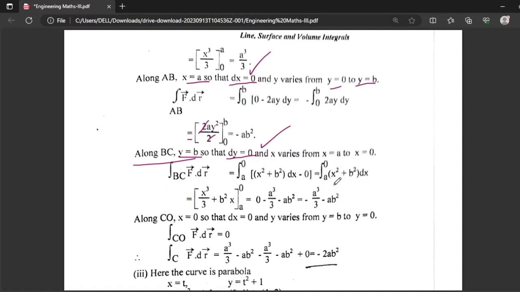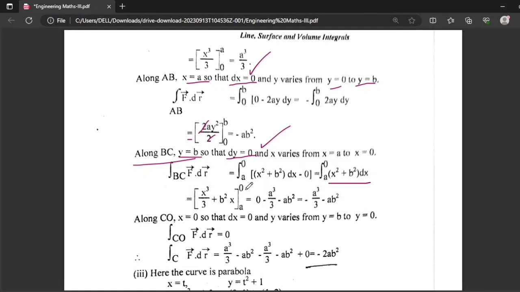First of all we do the integral. X square integration is x cubed by 3 plus b square, and the integration of b square is b square x, so from a to 0.